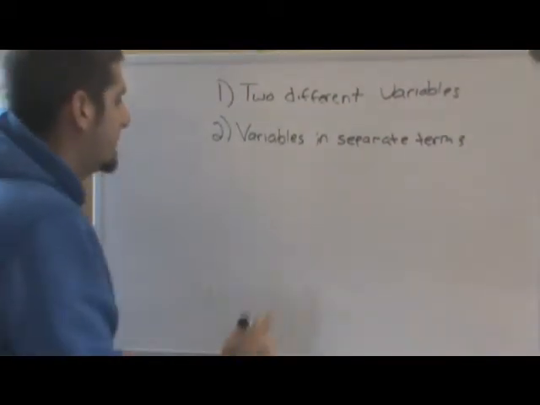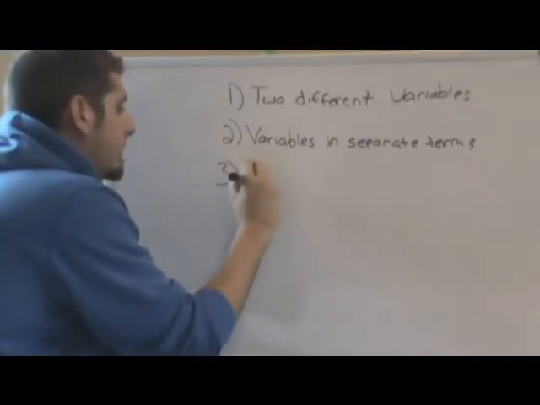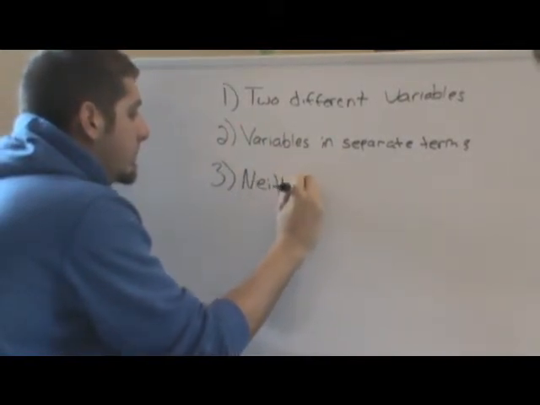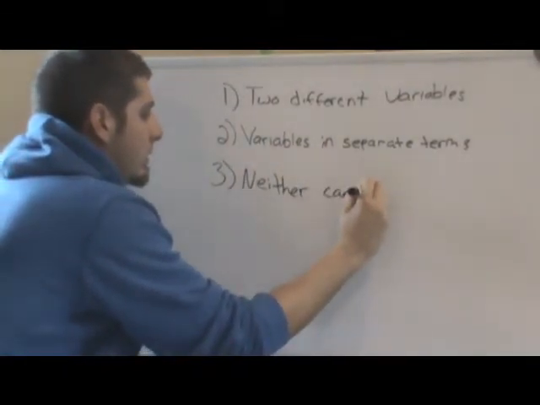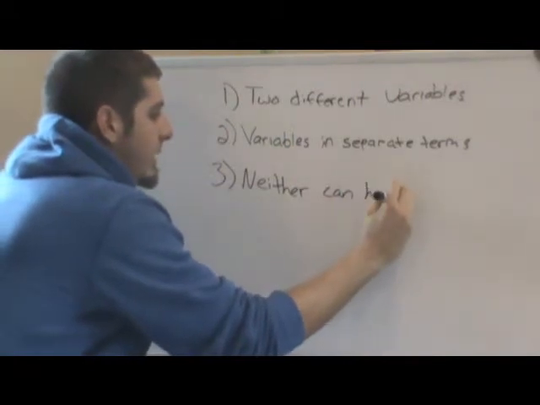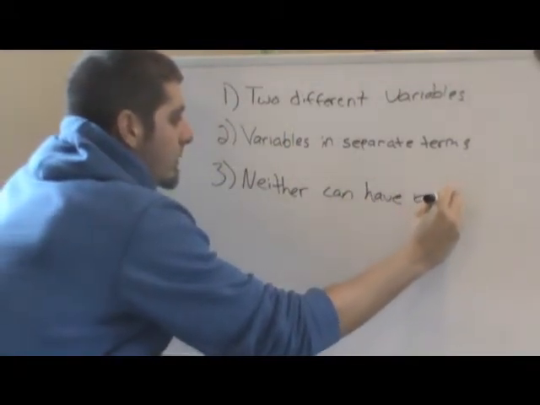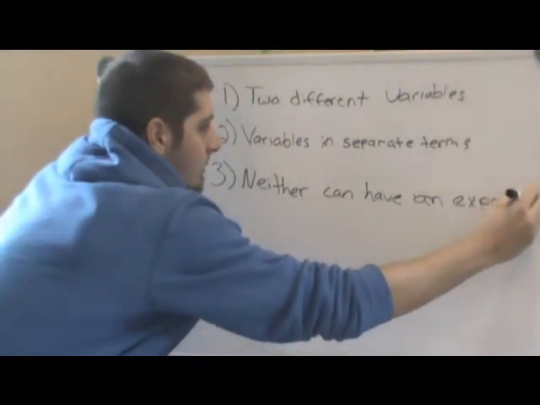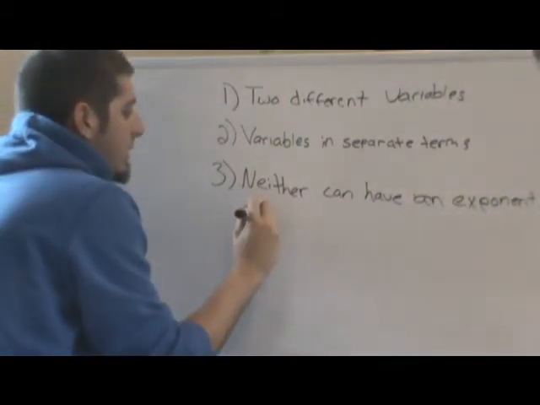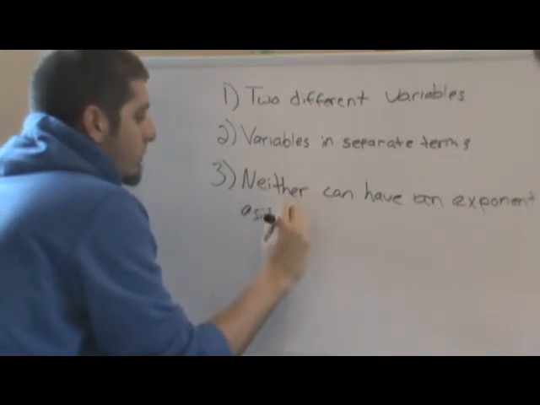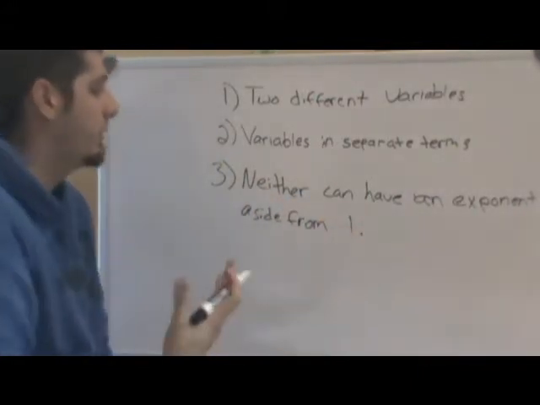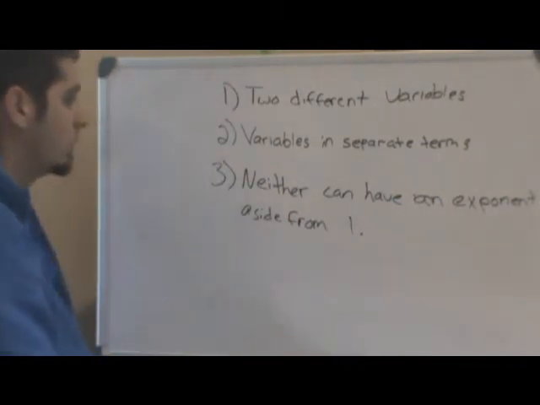And the last thing is that neither variable can have an exponent, aside from 1. So how do you know if your variable has an exponent of 1 or not?